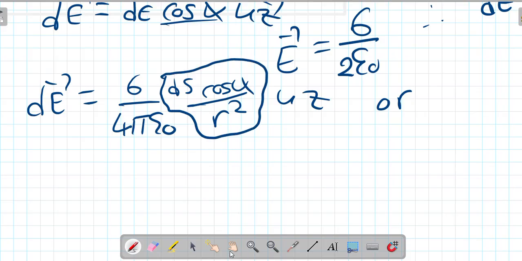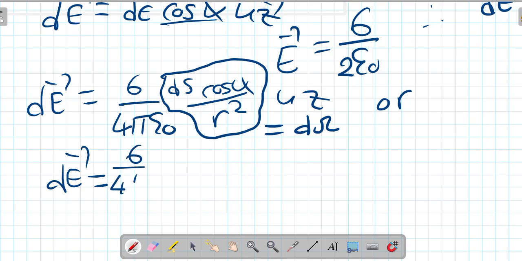Remember, whenever you find ds over something squared, just know that this is solid angle. Always remember, this is solid angle. So it's ds, so it will be d omega. This was solid angle for people who attended the session for solid angle. So dE can instead be written as sigma over 4 pi epsilon 0 times d omega.